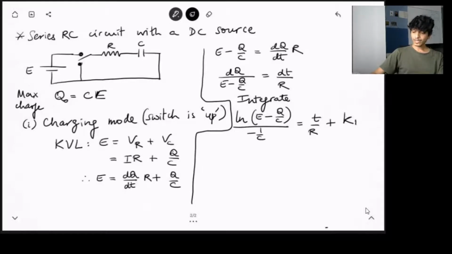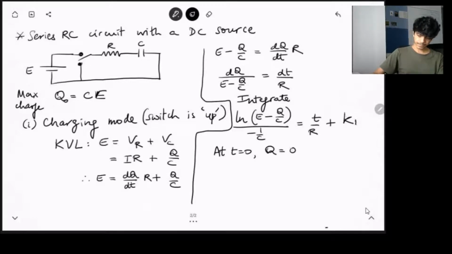Now how do I evaluate this constant of proportionality? At time t equal to 0, that is when I just moved the switch to the up position, the capacitor had no charge on it. It just started charging at that point. So I will say at t equal to 0, the initial charge on the capacitor is 0.